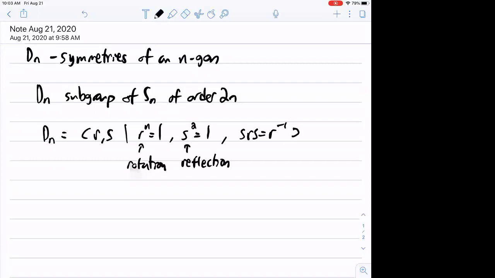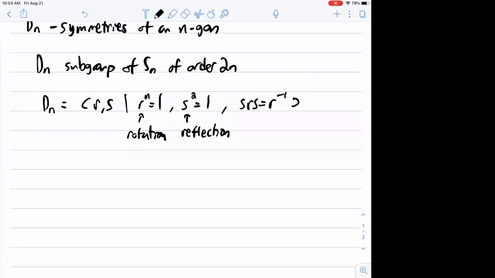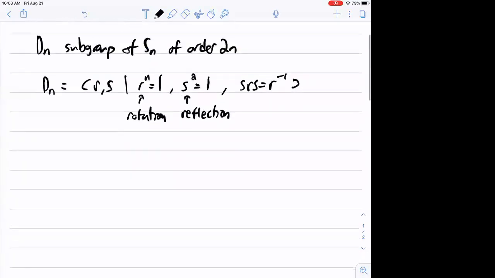I'll go over that later. Is everyone clear on this? So it's clear that when n is 4, if you rotate 90 degrees, how many times until you get the identity? Well, you rotate 4 times. And for reflection, if you reflect and then reflect again, you should get the same thing back.